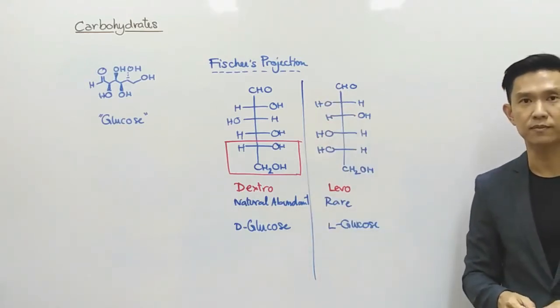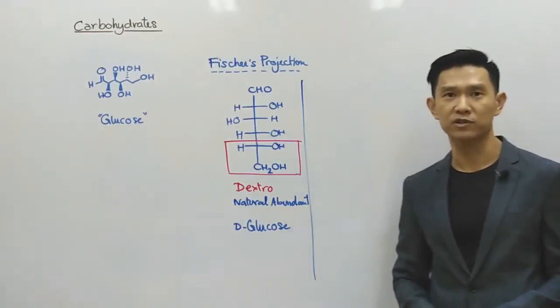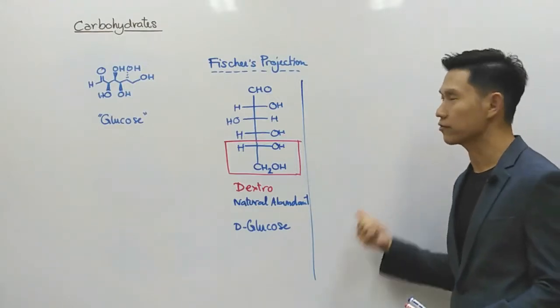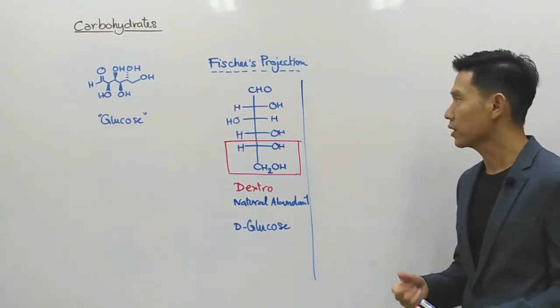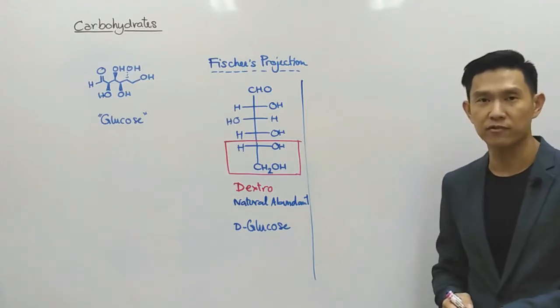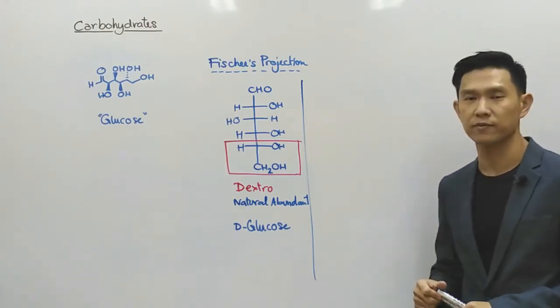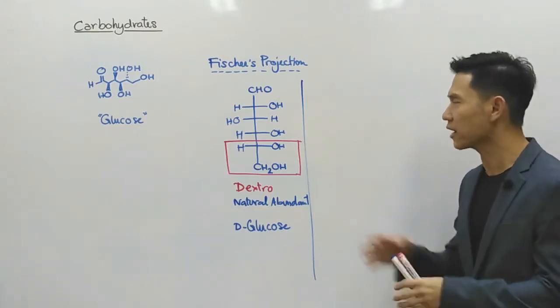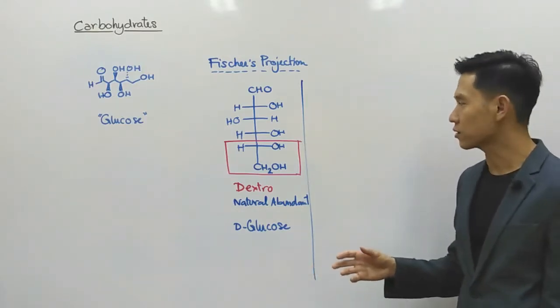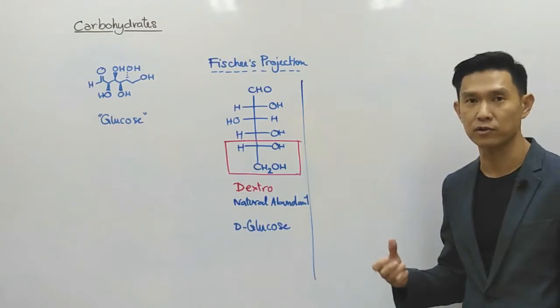Another example of a monosaccharide is derived from the glucose here. So you may notice the name fructose. Okay. Fructose is another product of photosynthesis. So actually after photosynthesis, the glucose is isomerized to be fructose.